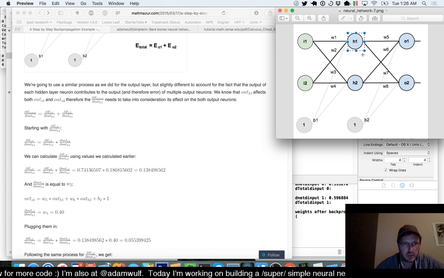Okay, so we can calculate D E O1 to D net O1 using values we calculated earlier. So this is D E O1 to D out O1.